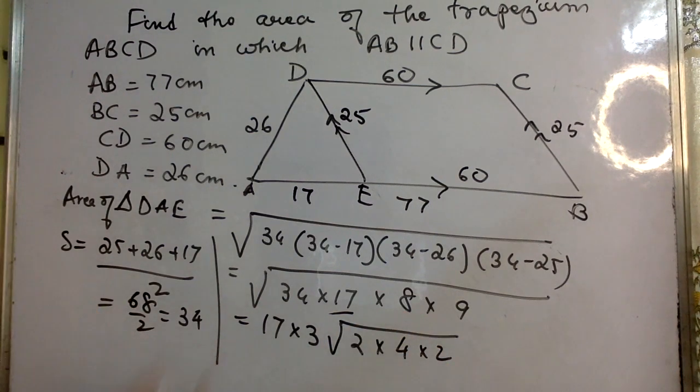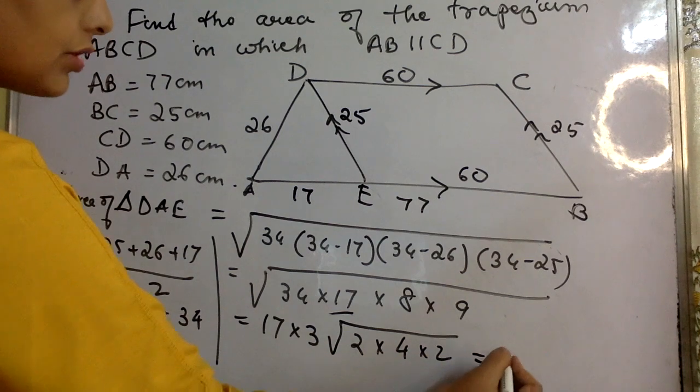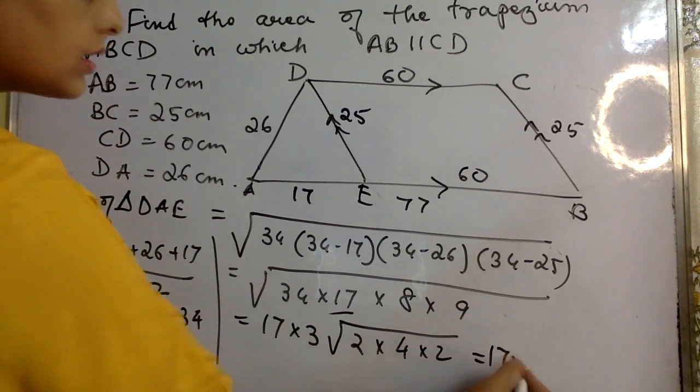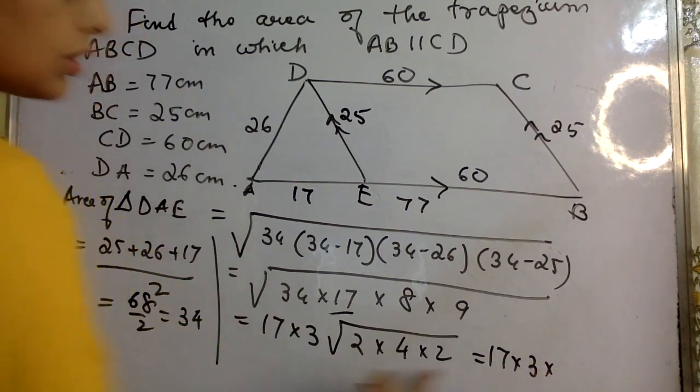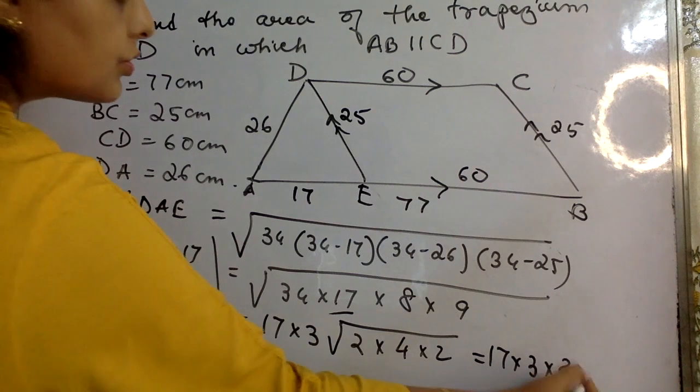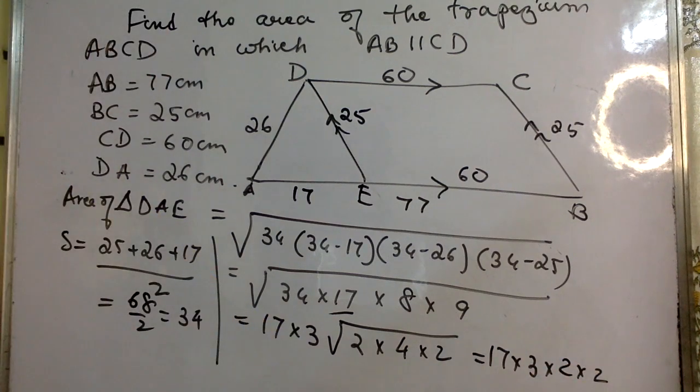So my square root now becomes 17 into 3 into one 2 from this set and one 2 from the 4, so 2 into 2. So that is 51 into 4. Yes, 51 into 4 is 204.